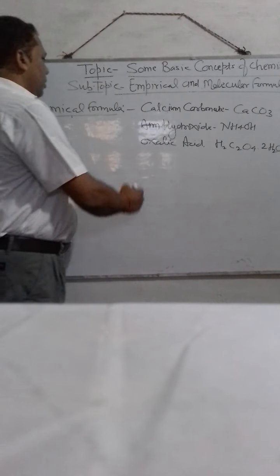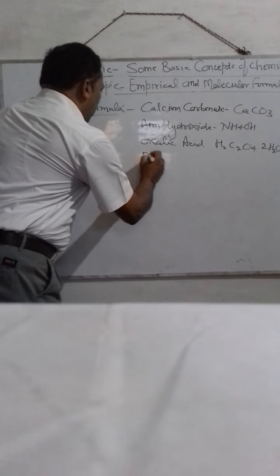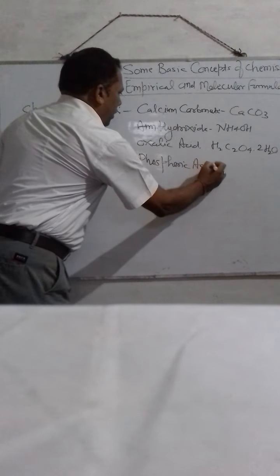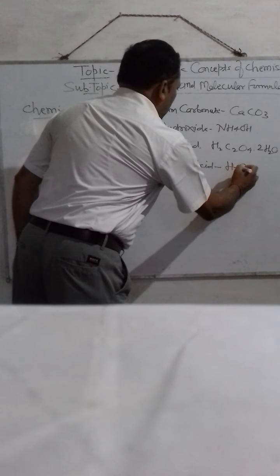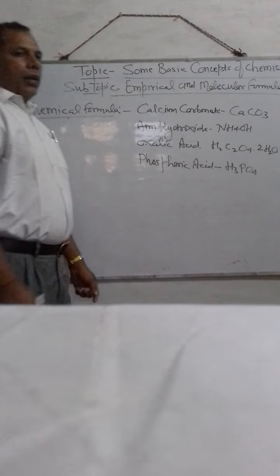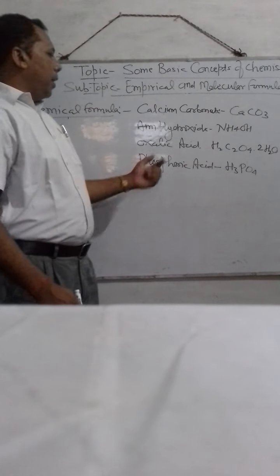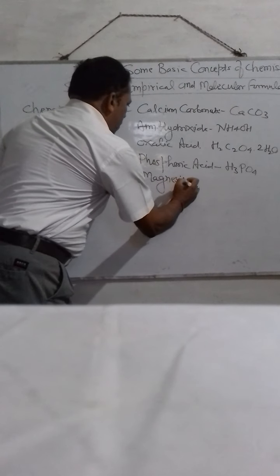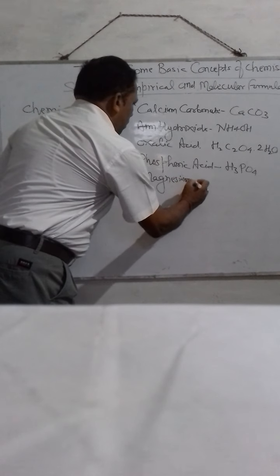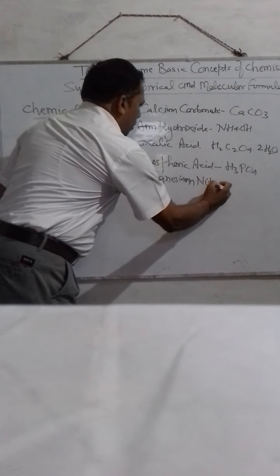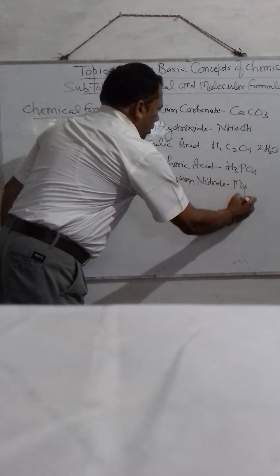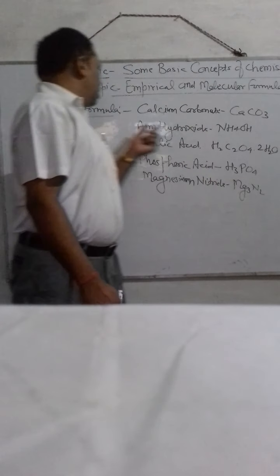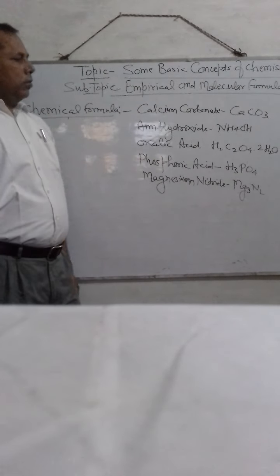Some more examples: phosphoric acid is H3PO4. Similarly, the formula of magnesium nitride is Mg3N2. So they represent the chemical formula of the compound.